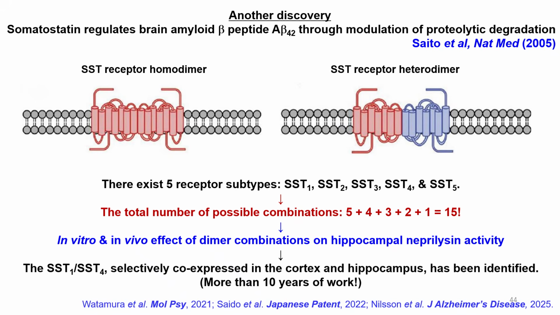We thus analyzed the effect of homodimer-heterodimer deficiency on the neprilysin expression using corresponding knockout mice. This effort has identified the SST1-SST4 heterodimer as a pharmacological target, although it took more than 10 years of work.